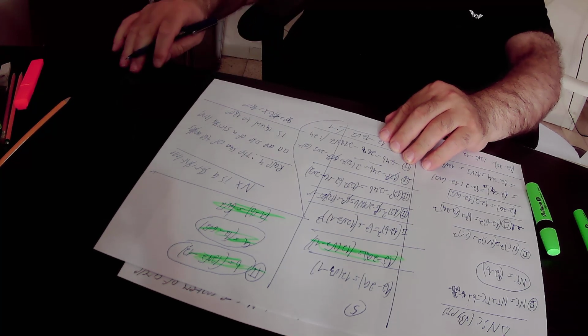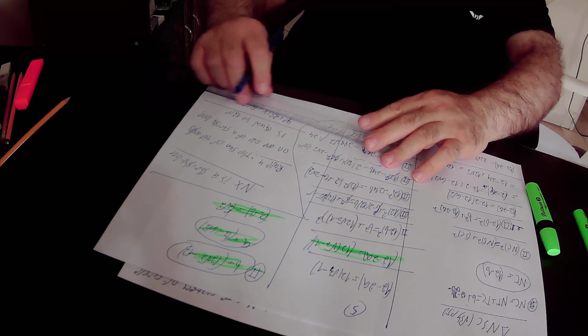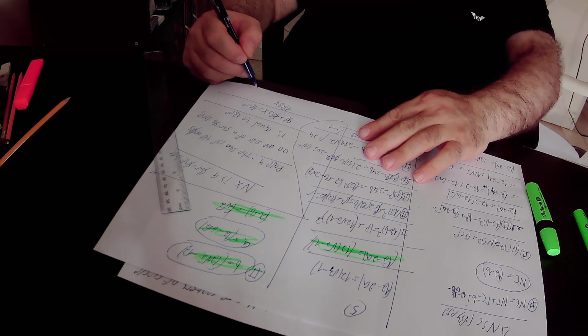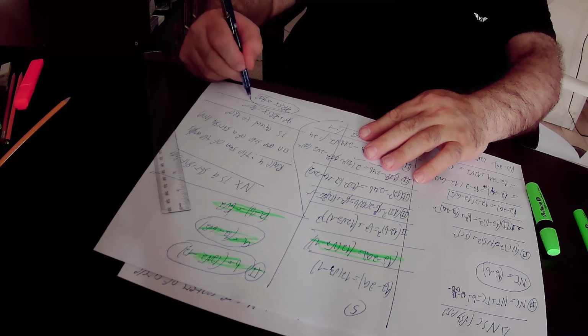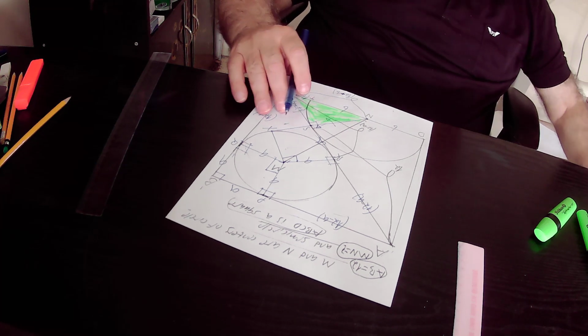Here we'll subtract 90 degrees from this equation, and we'll get that angle RSX is equal to 180 degrees minus 90 degrees, it is 90 degrees. So we found out that angle RSX is a right angle, it equals 90 degrees.